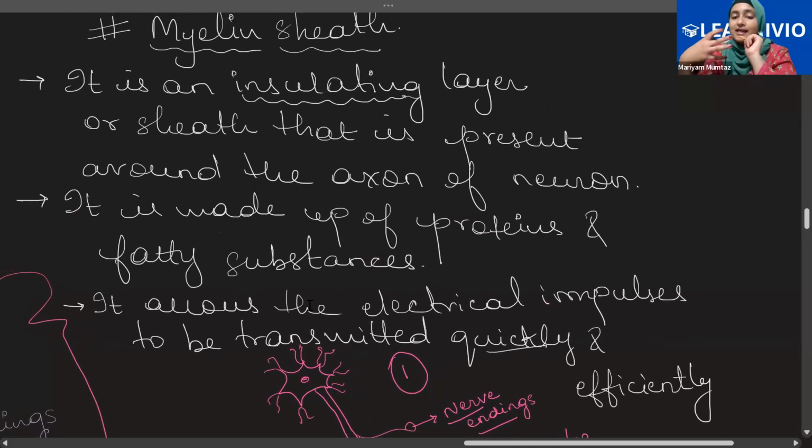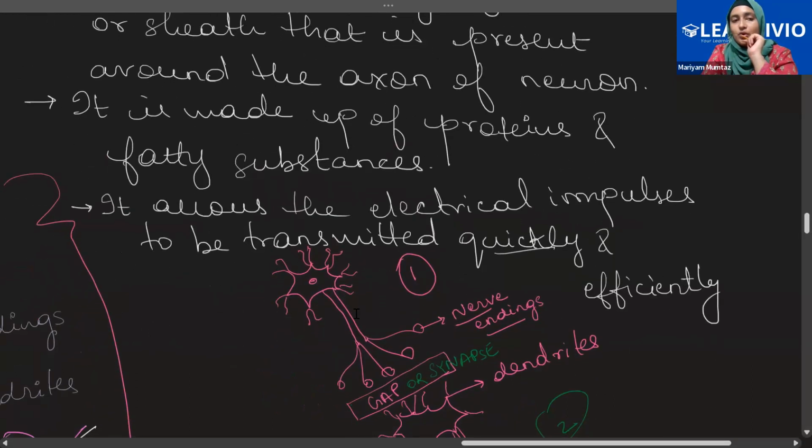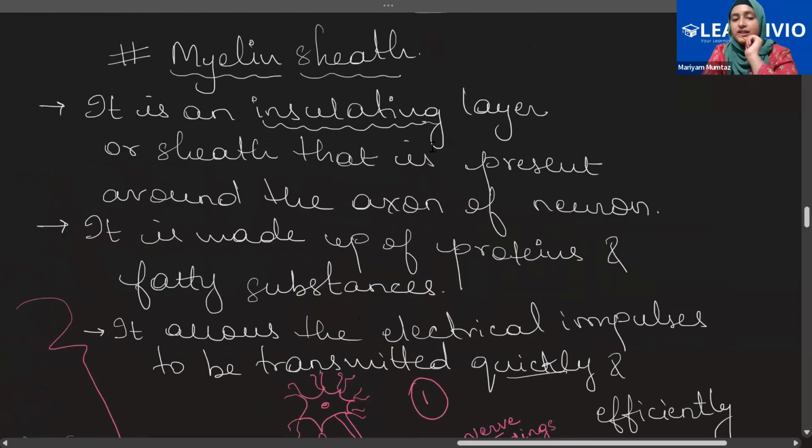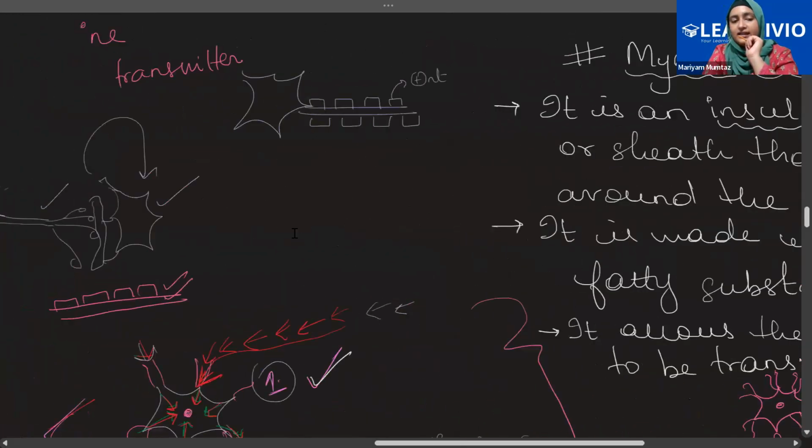It does not let the electrical impulse get lost. And it provides a very smooth transmission of the electrical impulses, like from one neuron to another neuron, very easy and very smooth. So that is the function of the myelin sheath. All those axons that have the myelin sheath present on them, we'll call the myelinated axon, and the ones that do not, we'll call the non-myelinated axon.